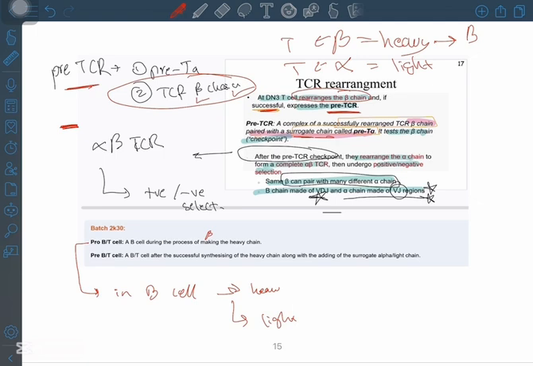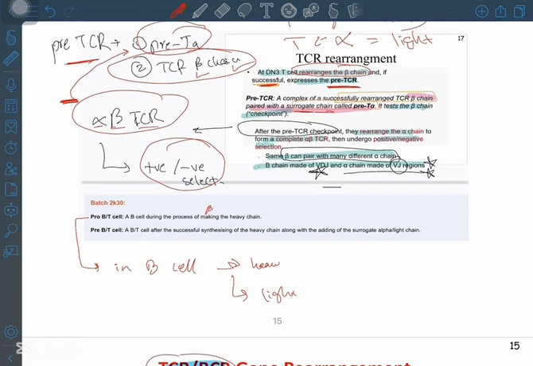Once it makes sure of that, it requests the change of the pre-Tα to an actual real alpha chain. Once it changes that, we have a complete alpha-beta TCR. Now they're going to undergo positive and negative selection, which we're going to see later.